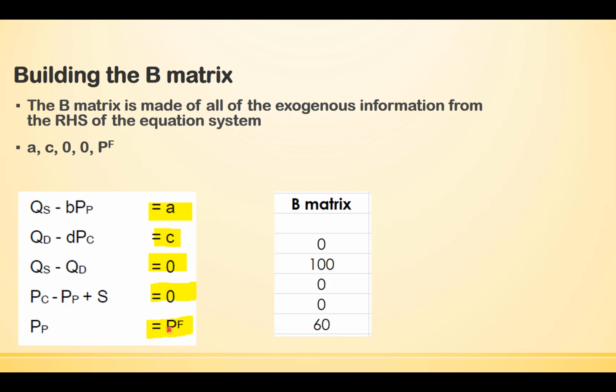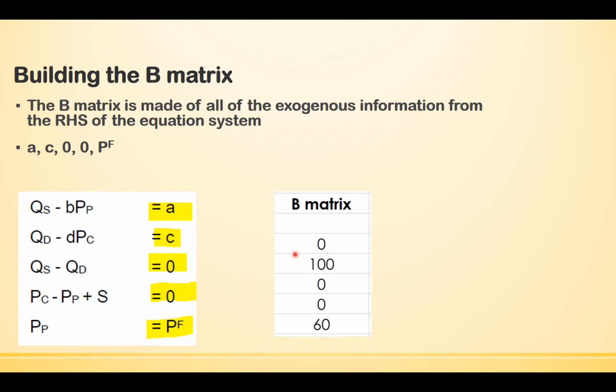And then finally, for the policy equation that says that the producer price is equal to a target price, we have PF. And again, A and C and PF are parameters. Those are things that stand in right now for numbers that we're going to apply.